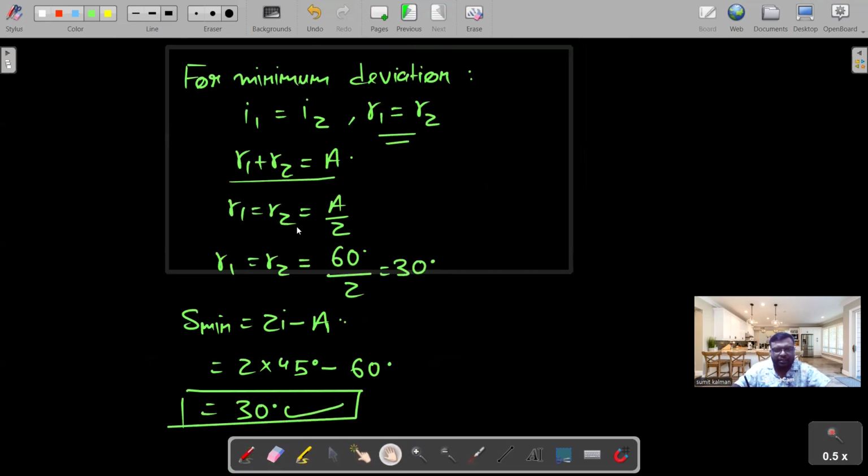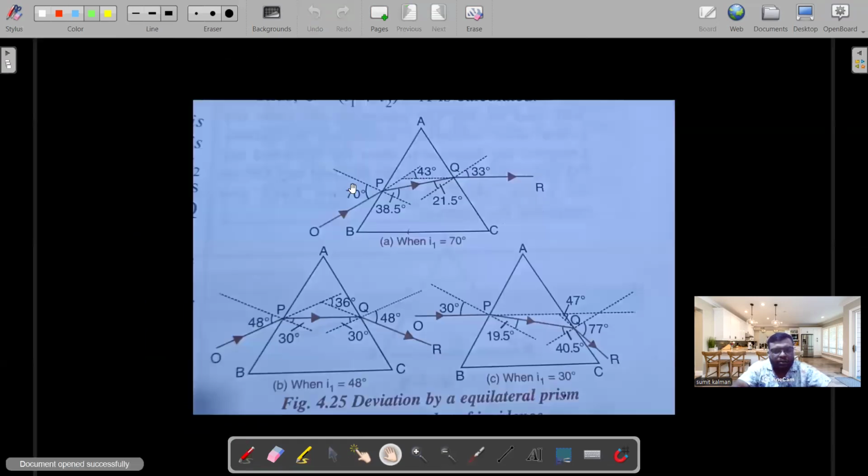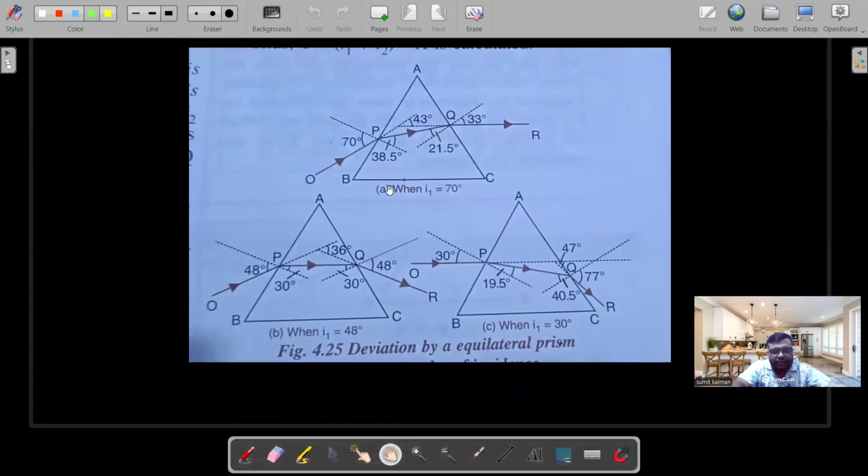And let me show you one example. Just see this diagram here. Just see when here in B, when angle of incidence and angle of emergence, that is I1 and I2, they both are equal, the ray PQ is parallel to base BC of the prism.